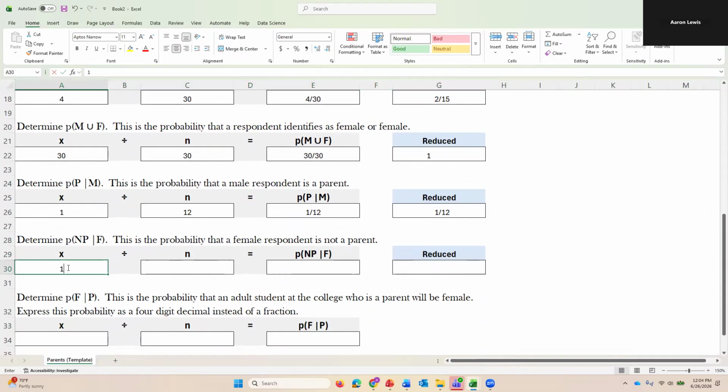And our X would be 14 people that meet the first condition divided by 18, the total of what was given in the problem, 14 out of our 18 female respondents, not moms yet. So 14/18 of our sample, which we could reduce down to 7/9.